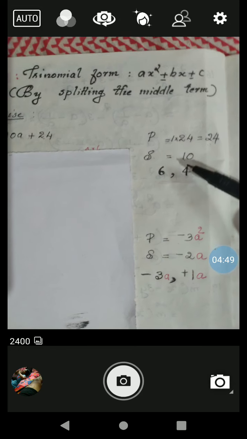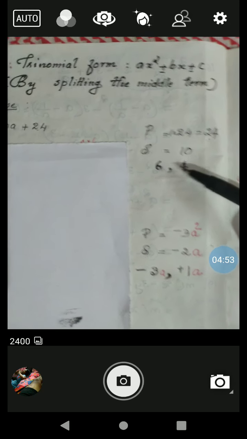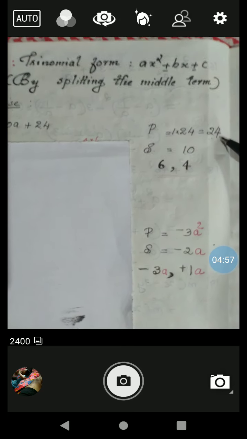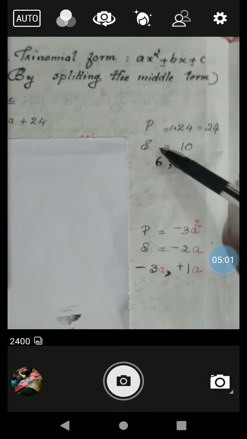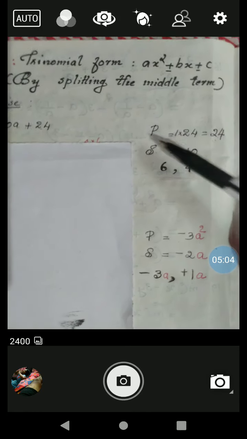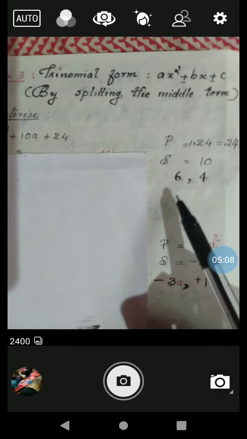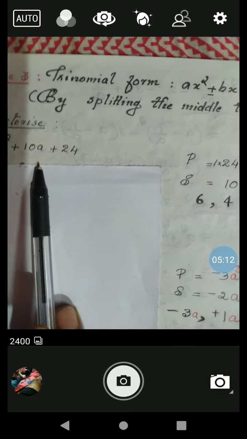We know that the numbers are 6 and 4. You can check whether it is correct or not. 6 into 4 is 24 and 6 plus 4 is 10. So sum is 10 and product is 24. Okay. And in this way, we can split the middle term. Split the middle term means 10a.